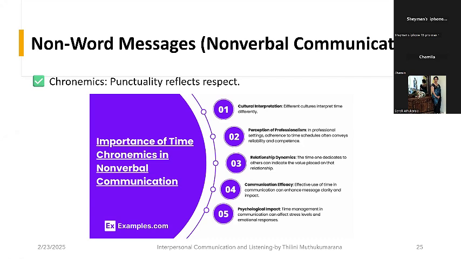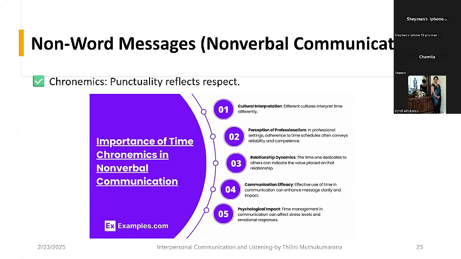Actually, chronemics is very important, not only in the business world but also in your personal life. Okay, so time management, as the fifth factor, also affects stress levels and emotional responses, right? Imagine you have to do a presentation.